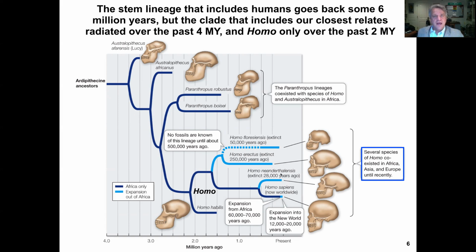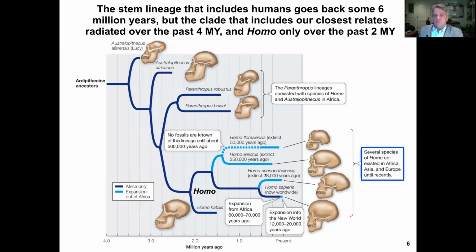And it's thought that subsequent to their speciation, there was some limited hybridization and introgression, in a sense, lateral gene transfer from Neanderthals into modern day humans. Now, Neanderthals went extinct about 28,000 years ago. Floresiensis went extinct about 50,000 years ago, and Homo erectus went extinct about 250,000 years ago.